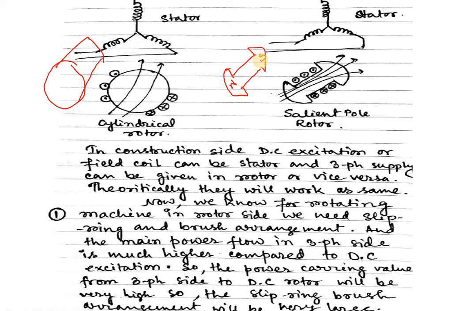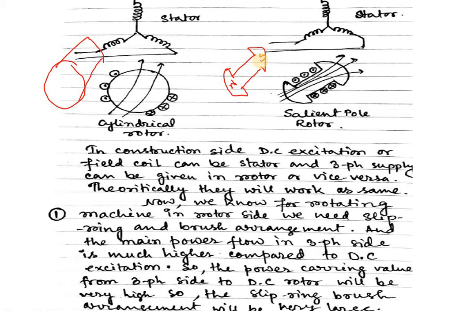In construction, the DC excitation or field coil can be on the stator, and the three-phase supply can be given in the rotor, or vice versa. That means we can give the three-phase supply either in the rotor or in the stator. Whatever the requirement is, based on that we will give the supply either on the stator side or the rotor side.